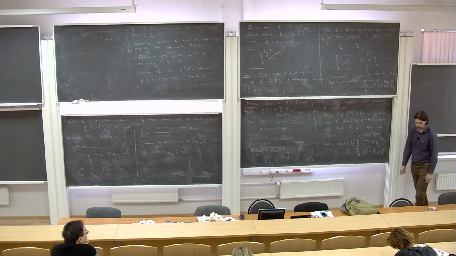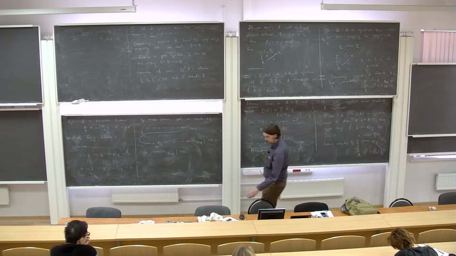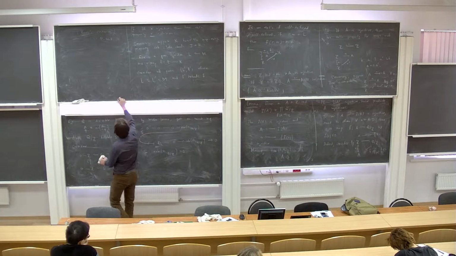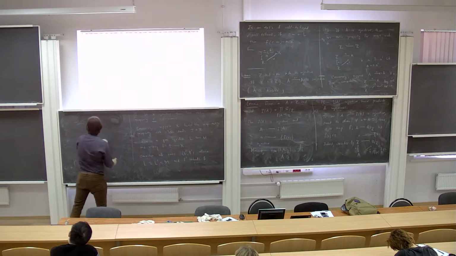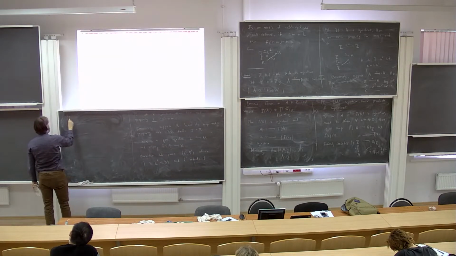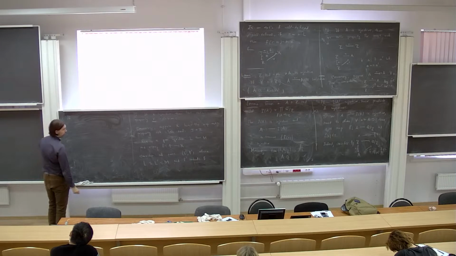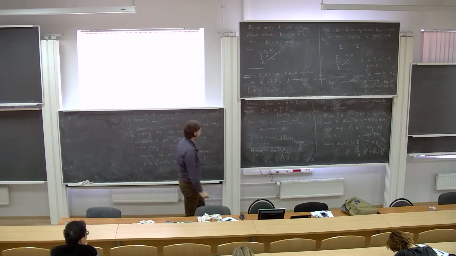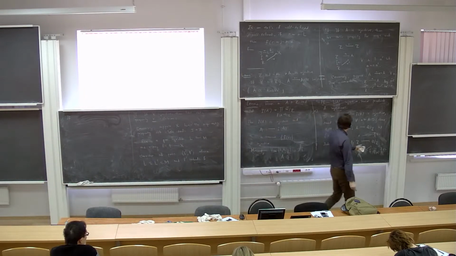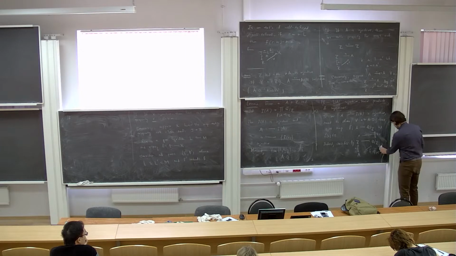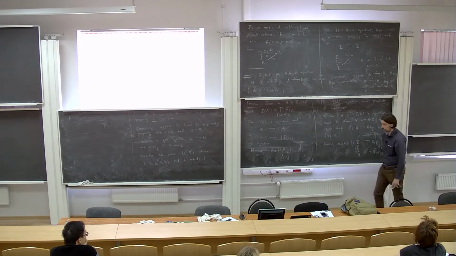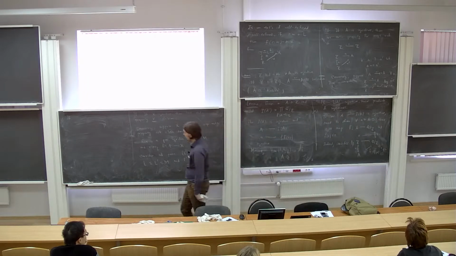The second case is this element a that I started with is of finite order. I could have chosen anything, for instance, 1/2. That's non-zero in Q mod Z, to be explicit.